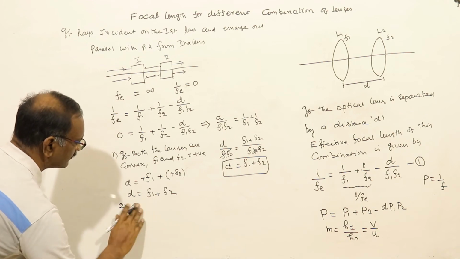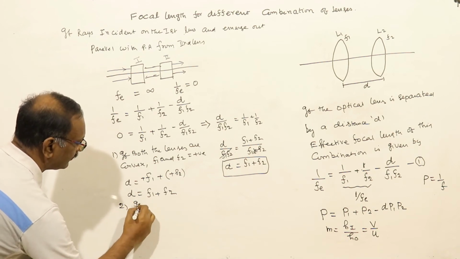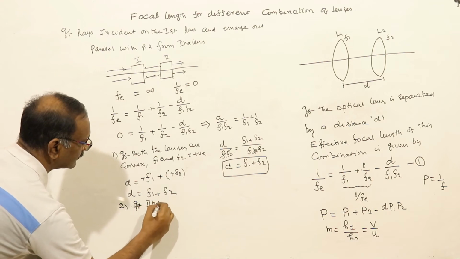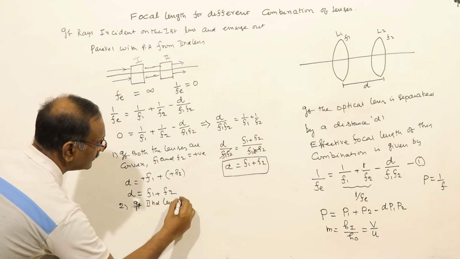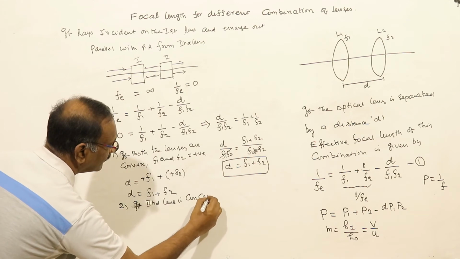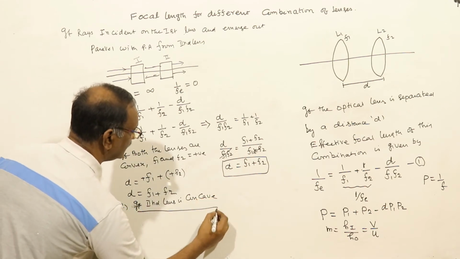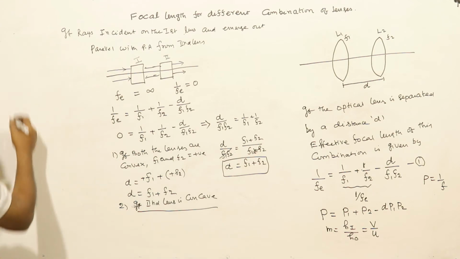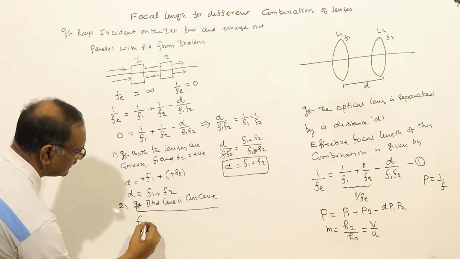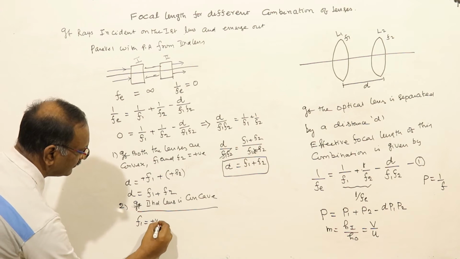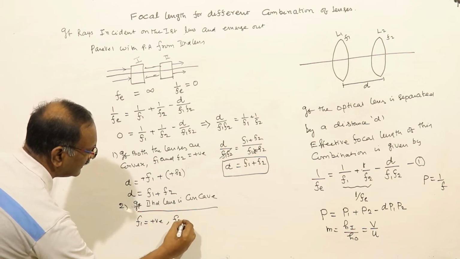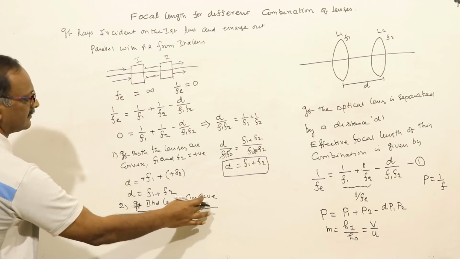If the second lens is concave, in this case, the focal length of the first lens, since it is convex, is positive, and the focal length of the second lens is negative because it is concave.